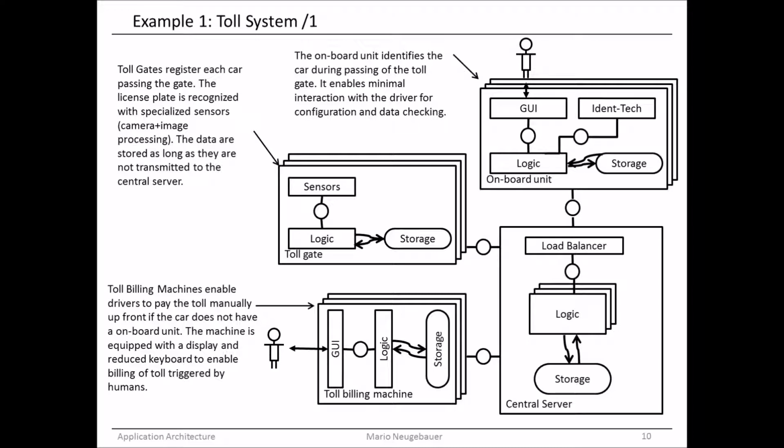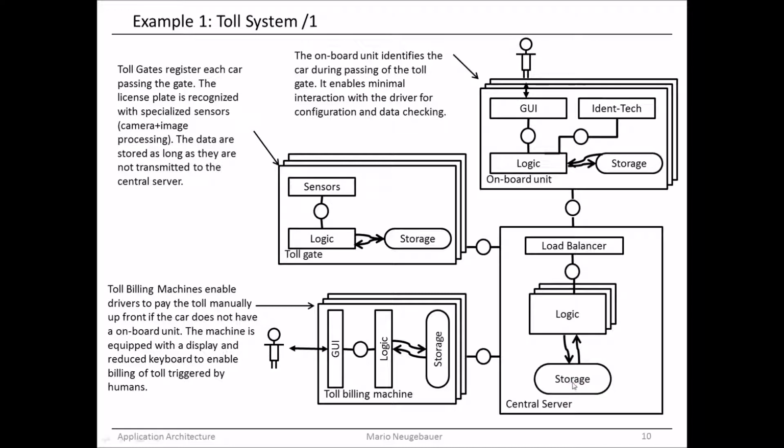The user then would go to this toll billing machine, would input their license plate up front before using the road, and the graphical user interface enables the user to interact with the toll billing machine to deduct a certain amount from their bank account, and logic processes here, stores if the network connection is not available, and then synchronizes with the central server again via the load balancer into the central storage.